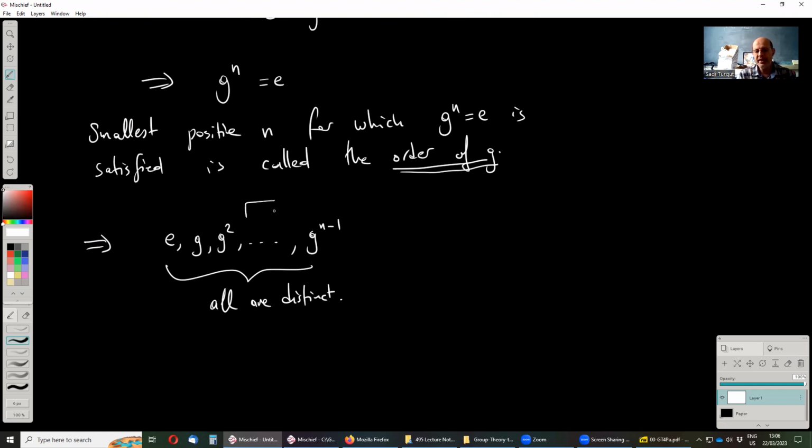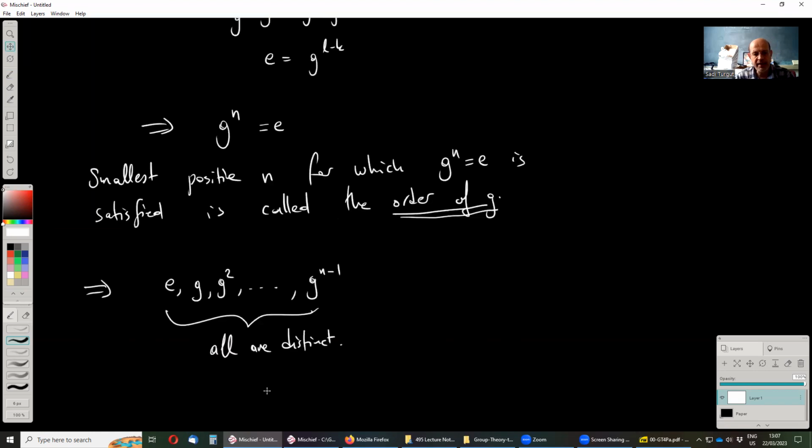Because if two elements are the same in here, I can use the same kind of argument, right? G to the K is equal to G to the L, where K and L are both smaller than n, which then implies that their difference gives identity. So that means that this has a solution which is smaller than n, and so on. Because of these kinds of arguments, you can show that all of these elements must be distinct from each other.